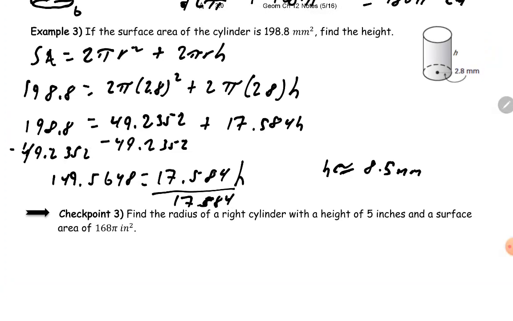All right, let's do that again. So they say, find the radius of a right cylinder.